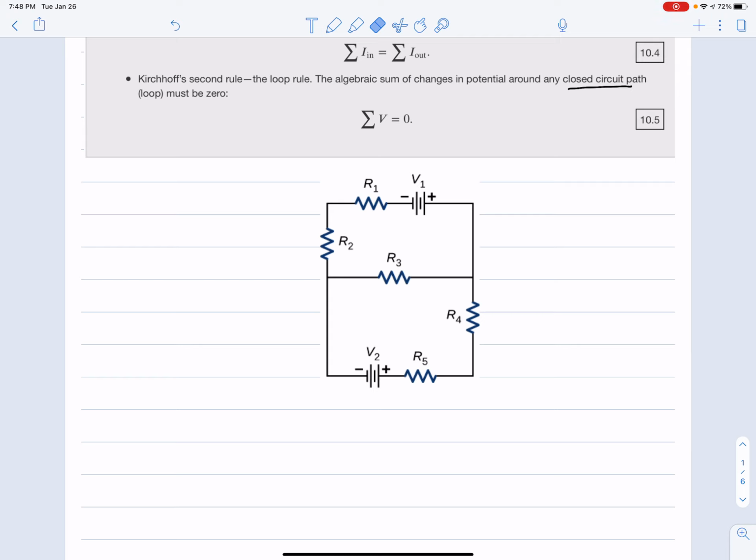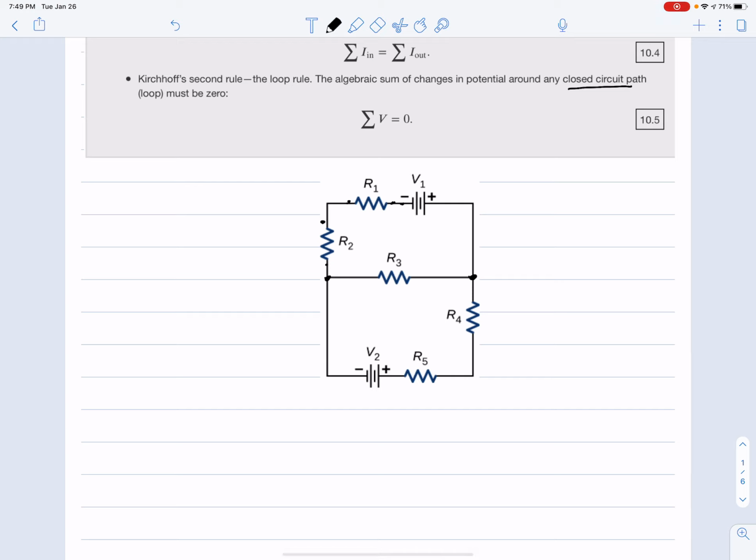Now, let's talk about the circuits, the loops in general. We usually let you know that it's important to identify, write down from here to here, because you're measuring the voltage, right? And voltage is in reference to 2 points.